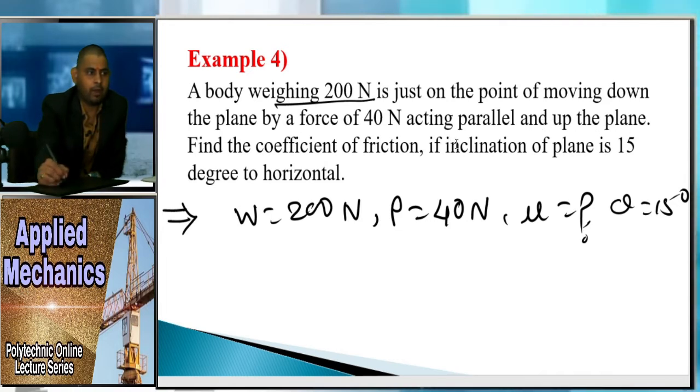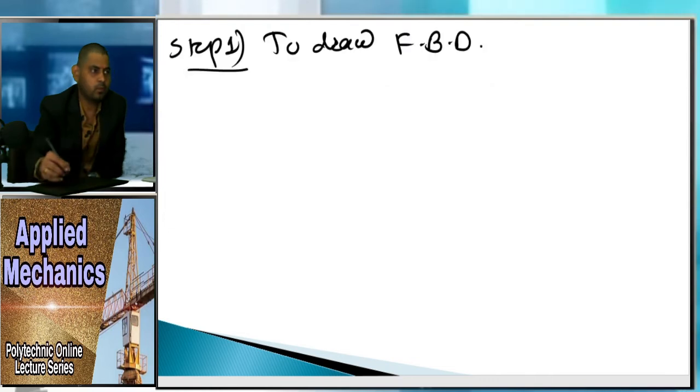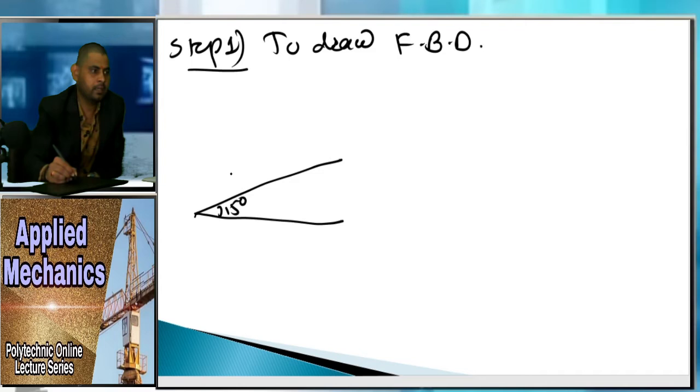Since the angle is mentioned, we can take the body on an inclination. So the body would be like this, with the inclination of 15 degrees, and on this plane your body is resting like this.